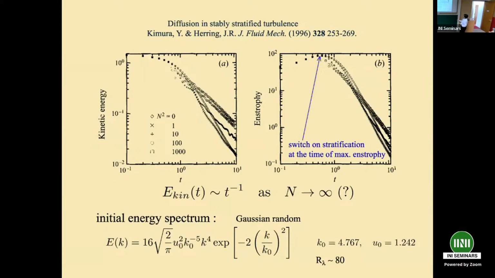As the Brunt-Väisälä frequency N becomes bigger, thanks to Bruce, who introduced it a few days ago, the stratification becomes stronger, and we propose the kinetic energy times T to the minus 1 as N goes to infinity, something like that. But we don't know whether it is true or not. I think there are open questions for stratified turbulence.